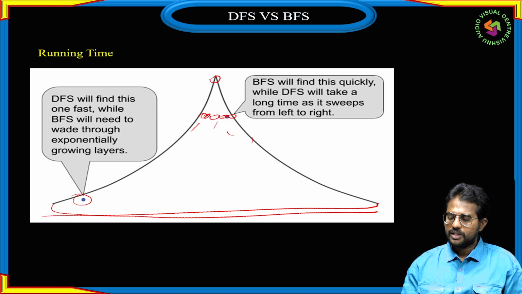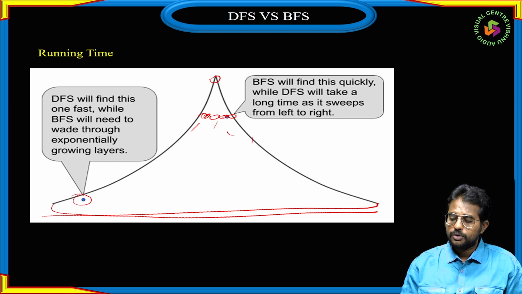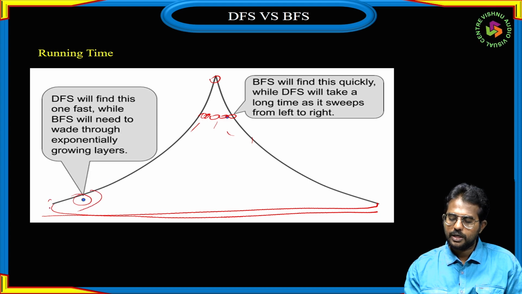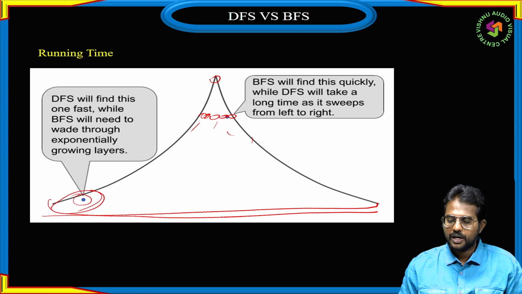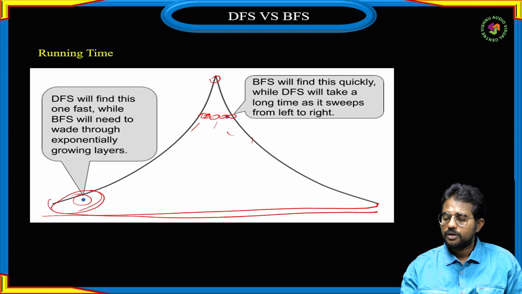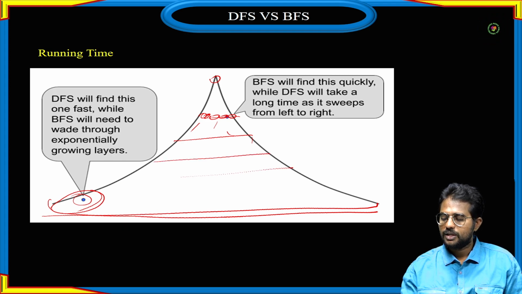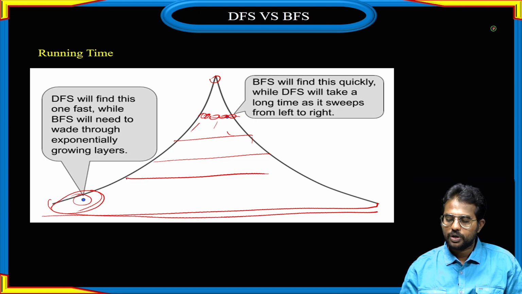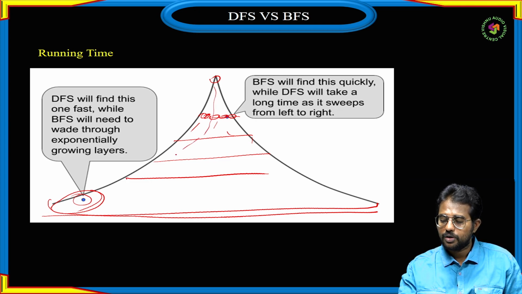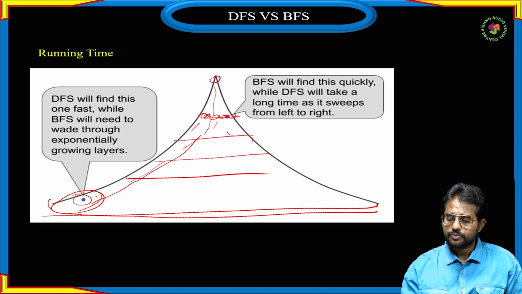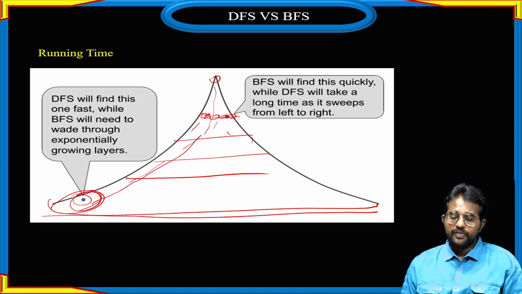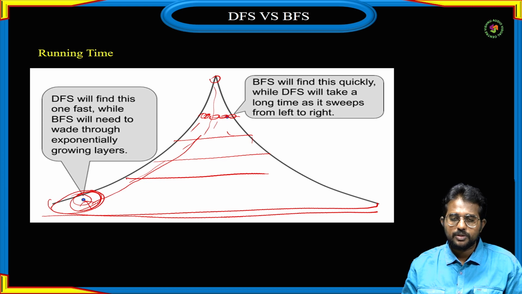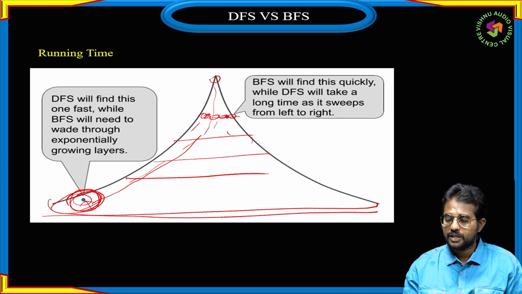By applying DFS on this search problem, if I have the goal node in this area, then DFS will perform better, because BFS will be checking level by level, and until it reaches the last level it will take more time. But DFS will go like this, so DFS will be better in achieving this task because the goal node is present here.